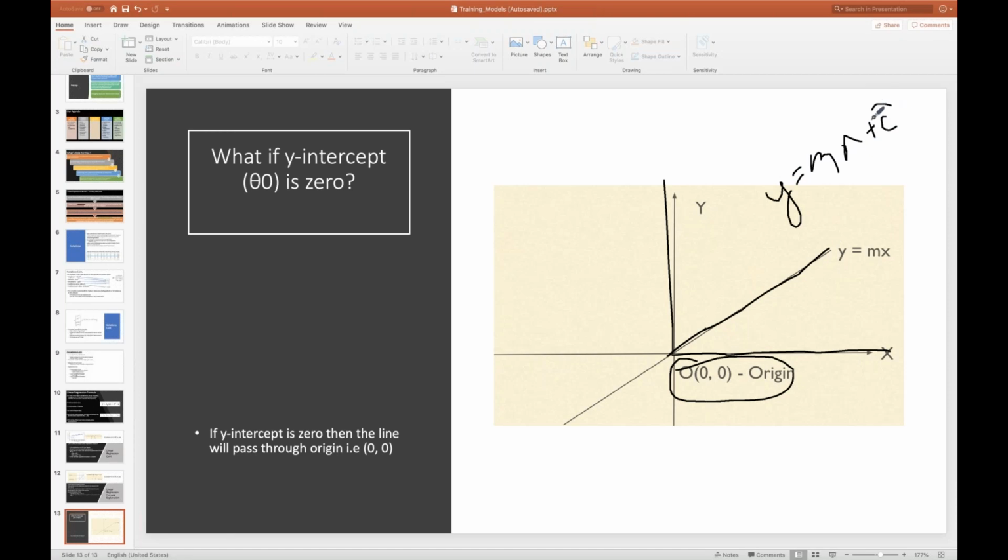Now c you can consider as the slope or intercept. Now you know what is x. Again, this is small x, not big X. When I say small x, that is your instance vector. Now what is m? m is the number of instances. Now, if the y-intercept is 0, then the line will pass through the origin.